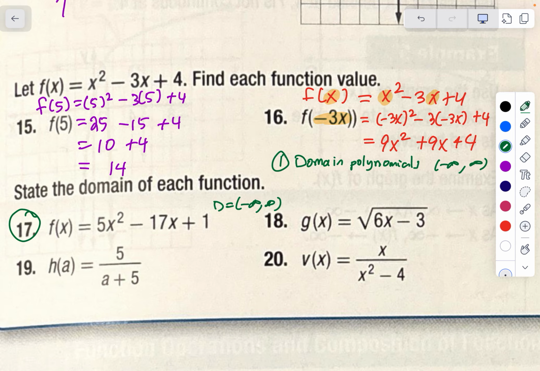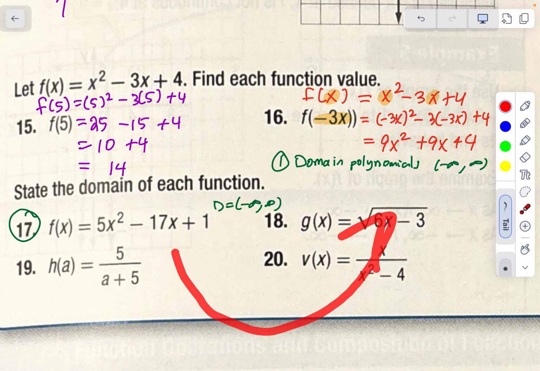Here's why. The domain are the x's you are allowed to plug into the function. I can plug in whatever the heck I want into that. There's no restrictions. You can plug in positives, you can plug in negatives, you can plug in fractions, you can plug in anything you want into this. If you were to look, it is a parabola that eventually stretches out to the left as far as you want, stretches out to the right as far as we want.